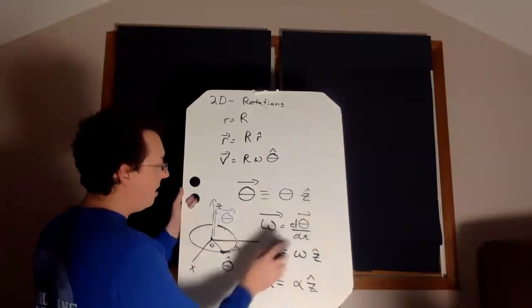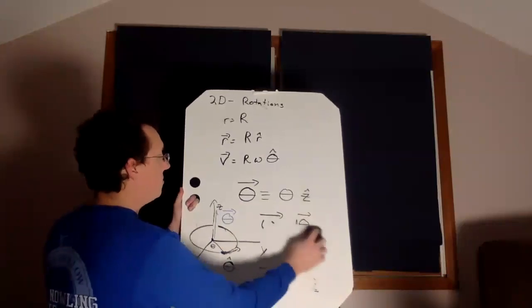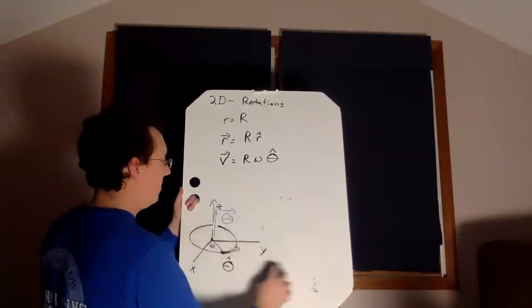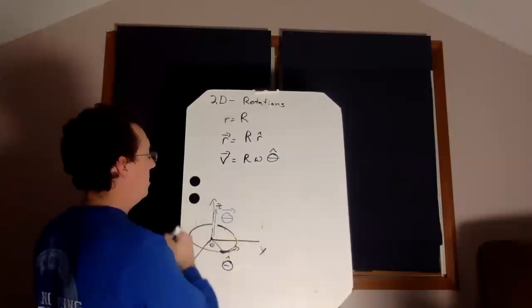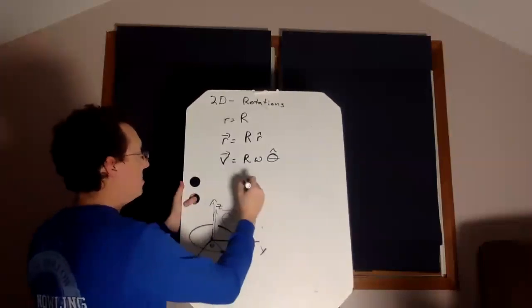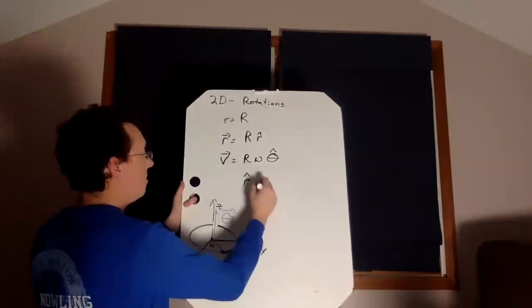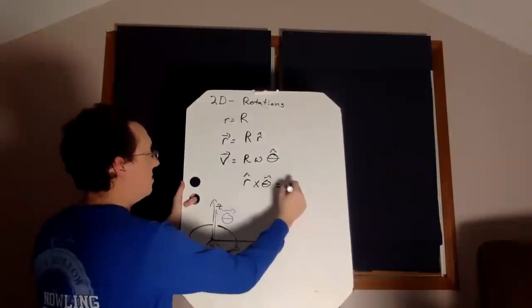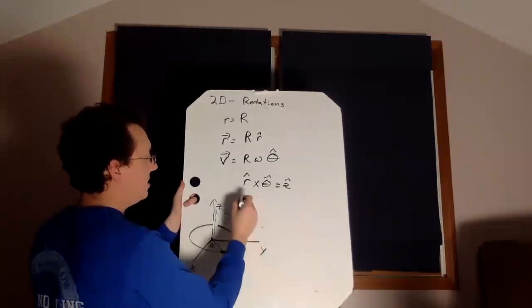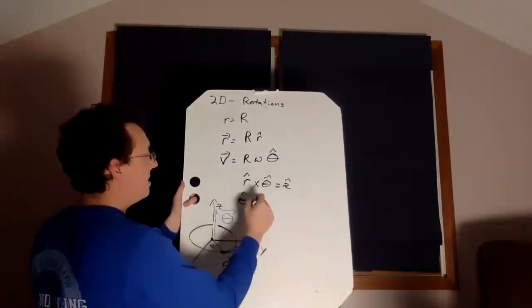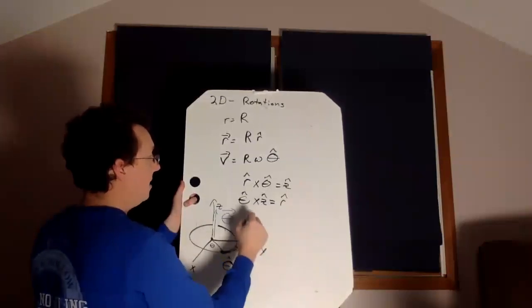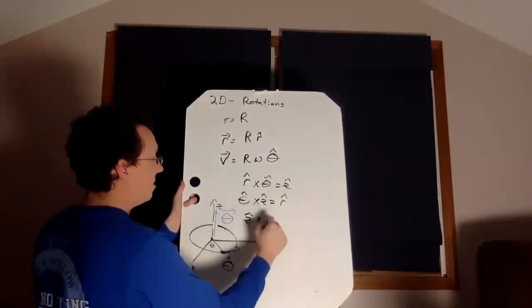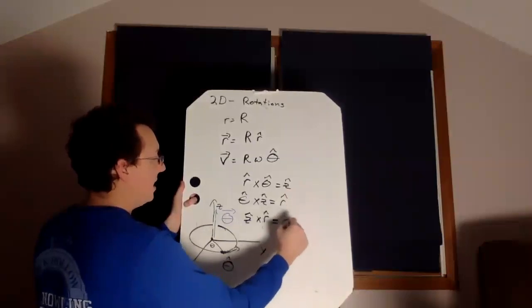Now, why would I do this, or why would this be useful? Well, what's useful is to note then, so if we had this thing, we showed that r hat cross theta hat equals z hat. It also turns out, if you think about it, that theta hat cross z hat equals r hat, and z hat cross r hat equals theta hat.